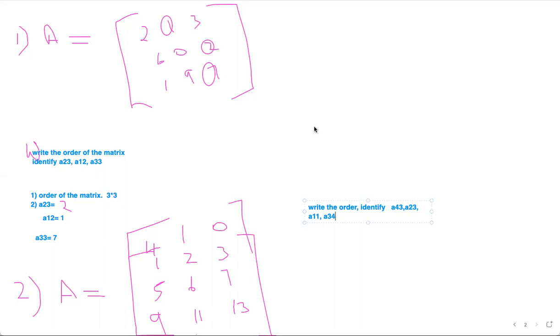Correct. Rows into columns. Correct. डन मैम. Okay.